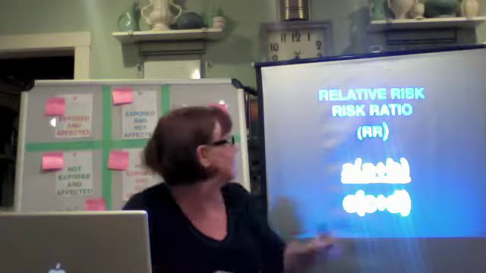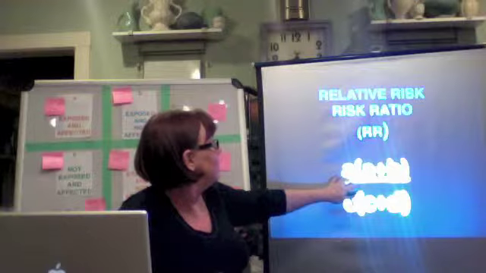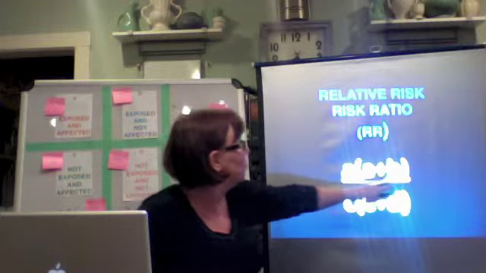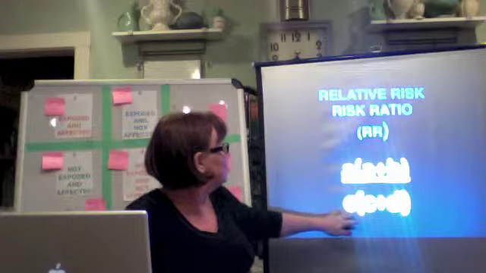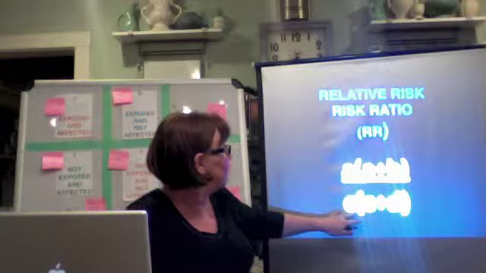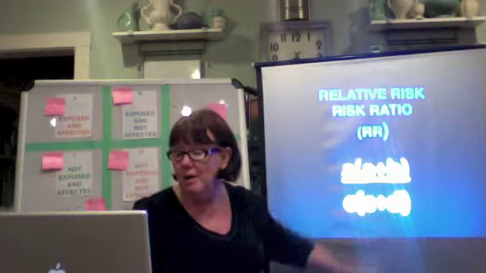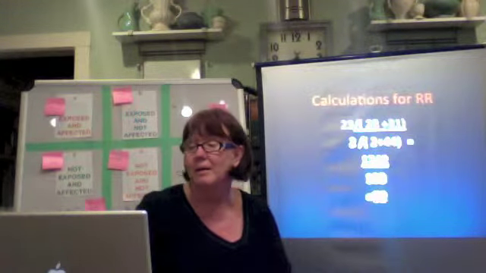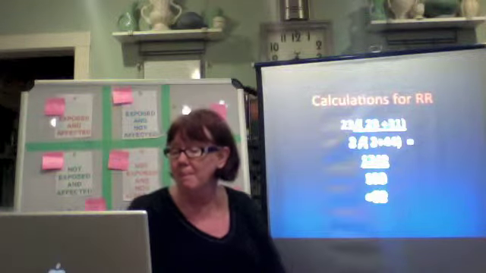To look at this, we look at the number of people who were exposed and got sick divided by the total number of people who were exposed, and the people who got sick but were not exposed divided by the whole number of people who were not exposed. So that's how we calculate that. In this particular instance, it comes out this way.